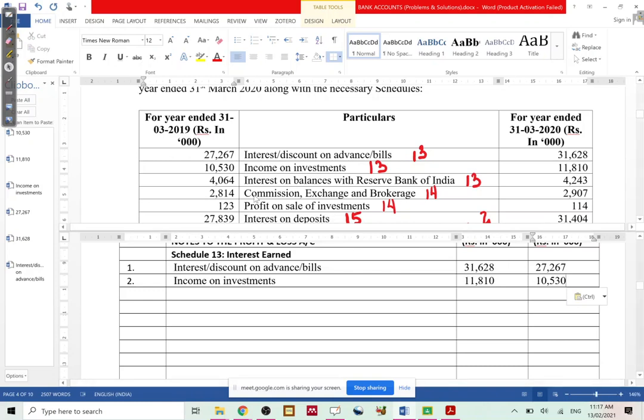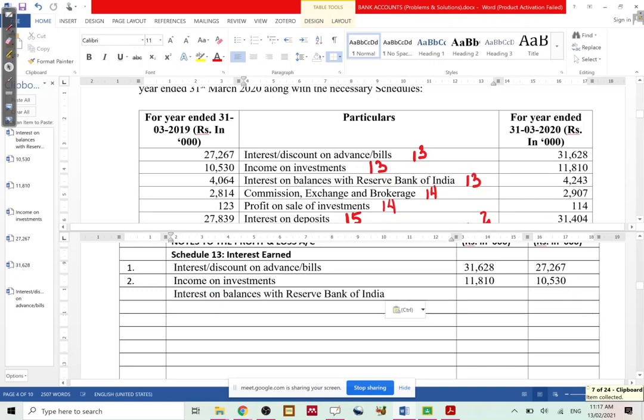Next, you have interest on balances with Reserve Bank, which is also an interest earned. So let's take that and put it under schedule 13. That's our third item. Again, current year's amount 4243 and previous year's amount 4064.